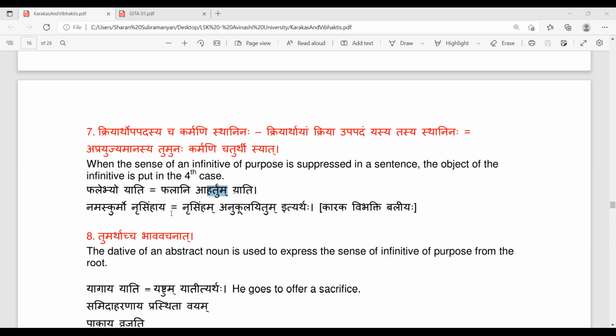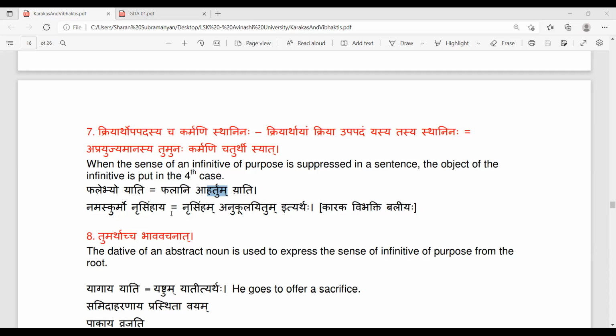Here namaskurmaha is there. So namaskaram kurmaha: the word namaha, as we said previously, governs Chaturthi Vibhakti. And is that Chaturthi Vibhakti because of Karaka Vibhakti or Upapada Vibhakti? It can be interpreted in both. When it can be interpreted in both, then Karaka is stronger.